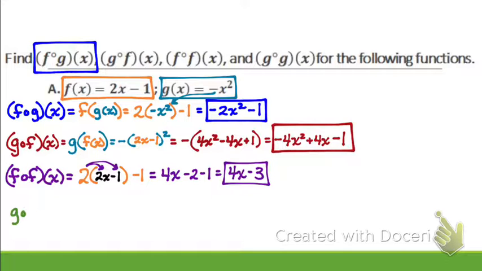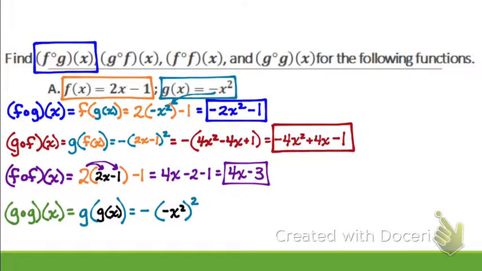Very similar with g of g of x. I have my function g of x on the outside. And then we're going to feed g of x into itself. So negative something squared.